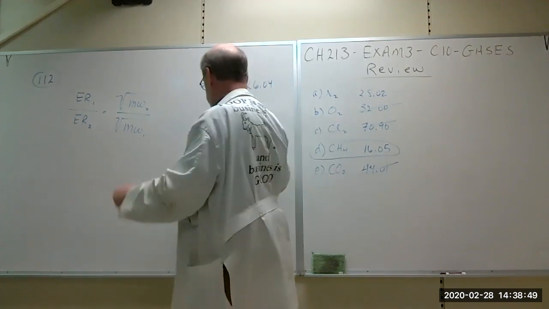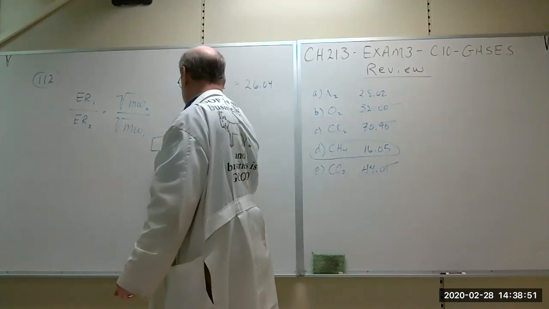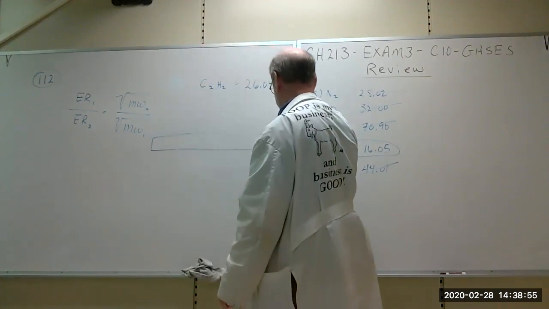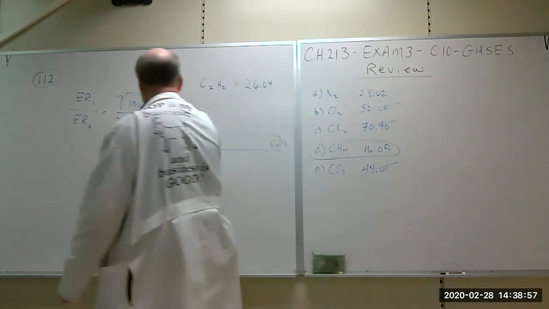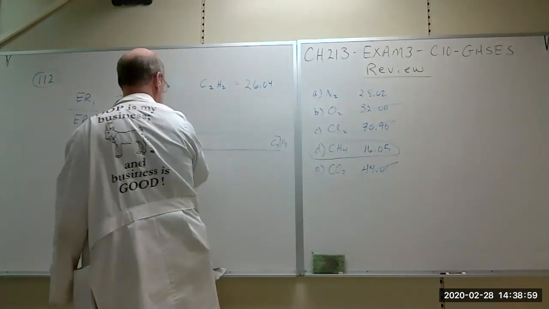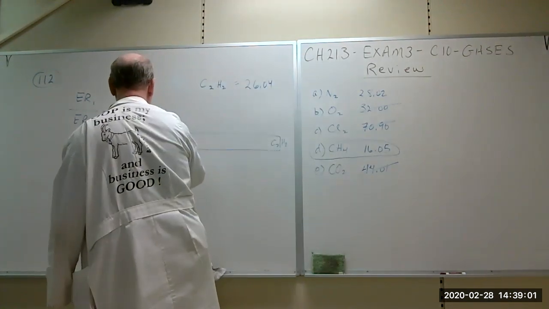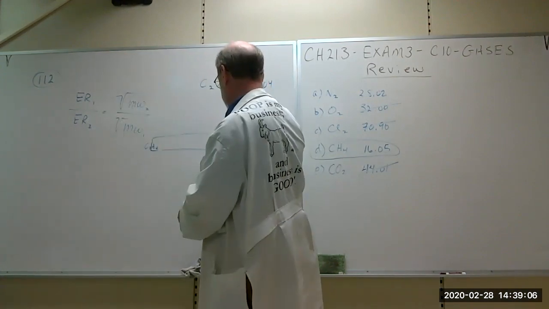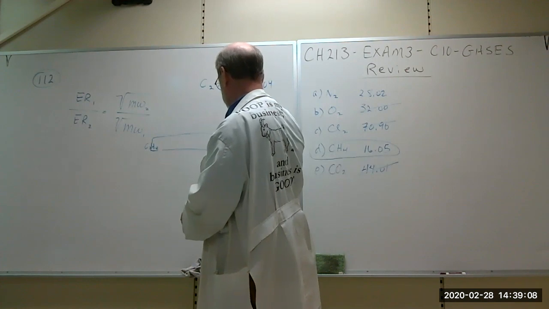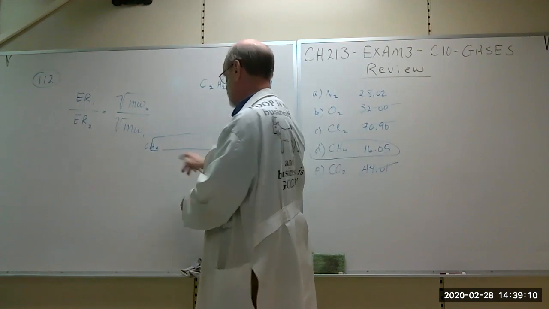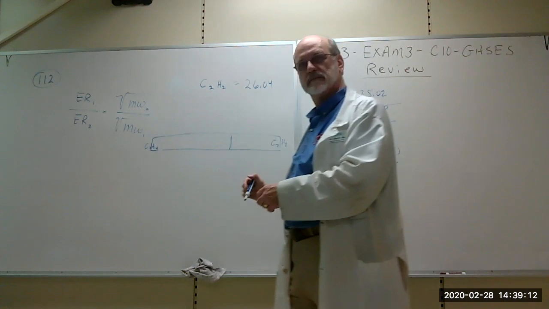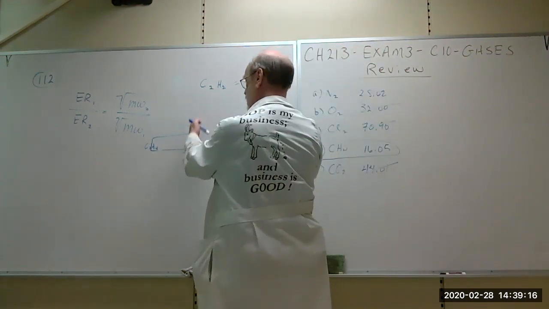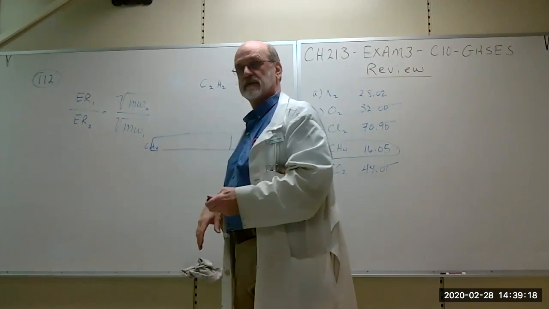So if we had some way of measuring where these two meet, the H4, they wouldn't meet in the middle. They would probably meet over here somewhere, because this one moves faster than that one. But that ratio would tell you exactly what the ratio of these two distances was.